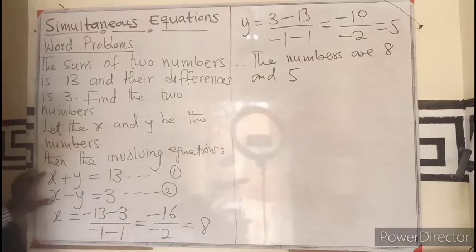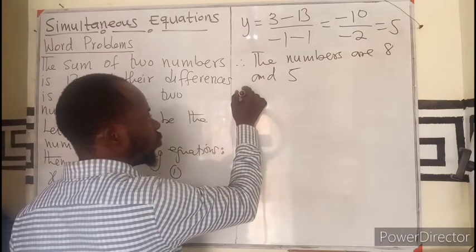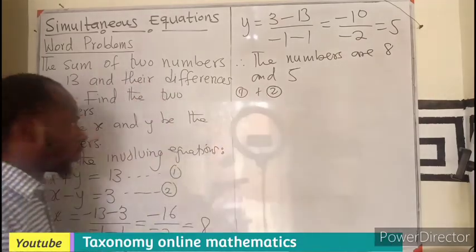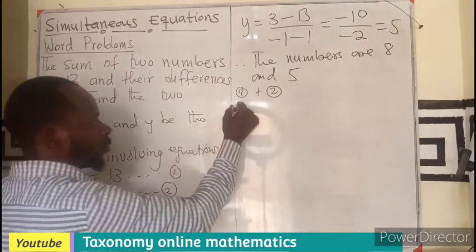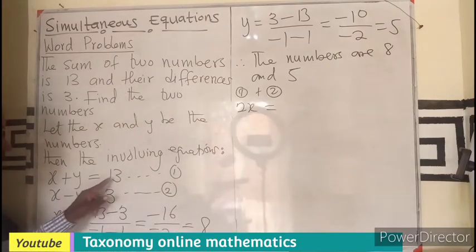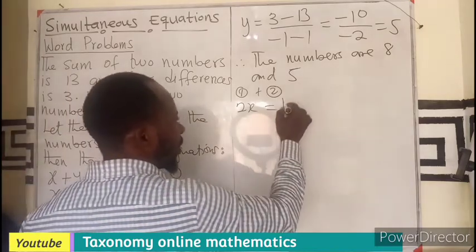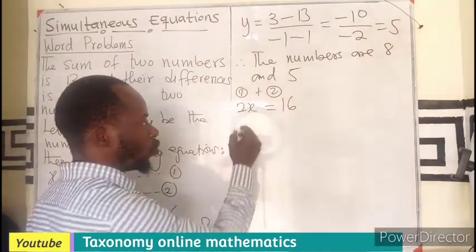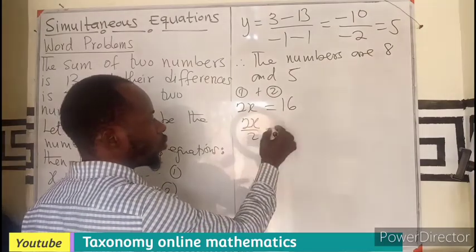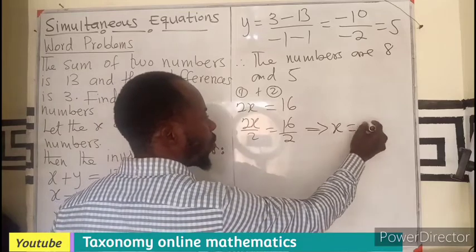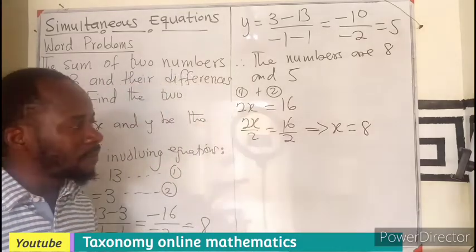So I add equation 1 and equation 2. x plus x is 2x, y plus minus y is 0, and 13 plus 3 is 16. Since we are looking for x, divide both sides by 2. So 2x over 2 equals 16 over 2, which makes x equal to 8, as we got first.